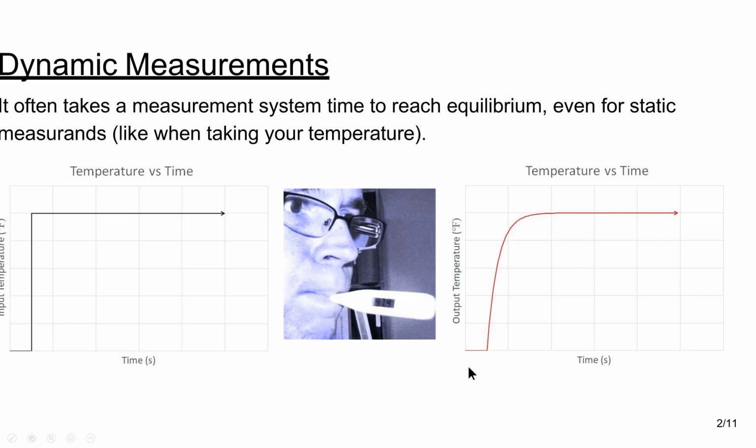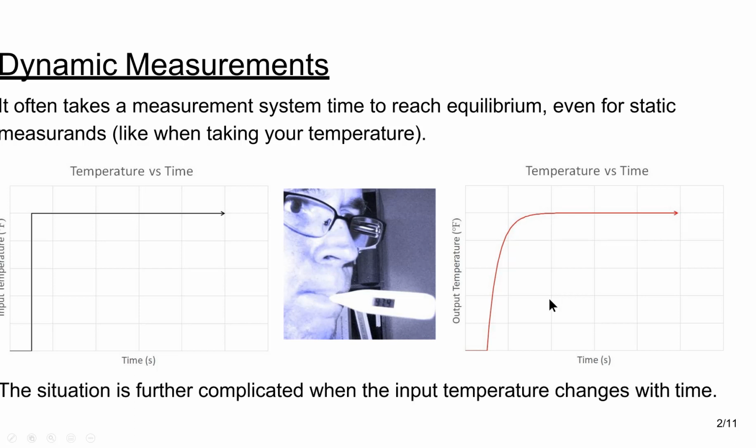Now, I suppose you could have some intelligence in the sensor, where if it notices that the temperature it's reading is changing, and then it reaches some steady state, maybe you could algorithmically figure out when to report the temperature. But there's another way to do that.